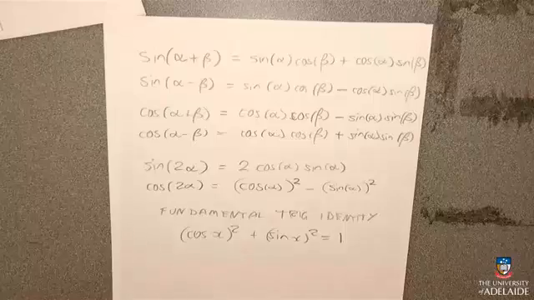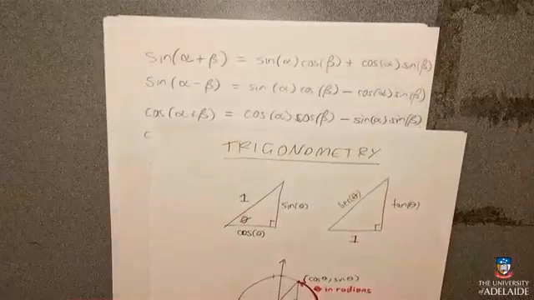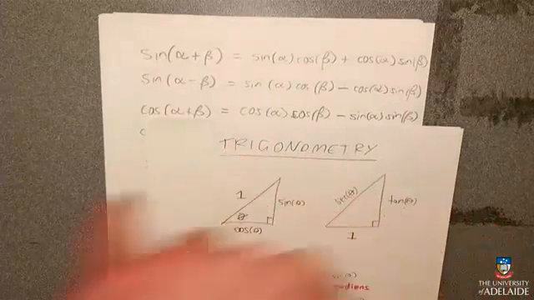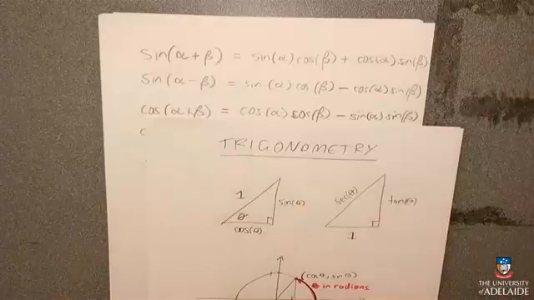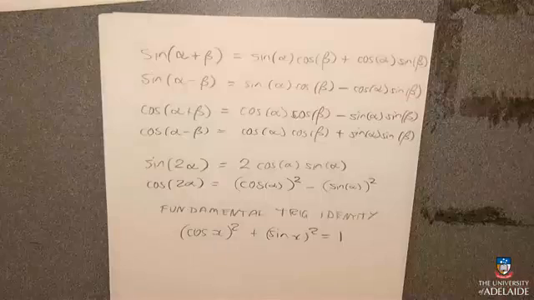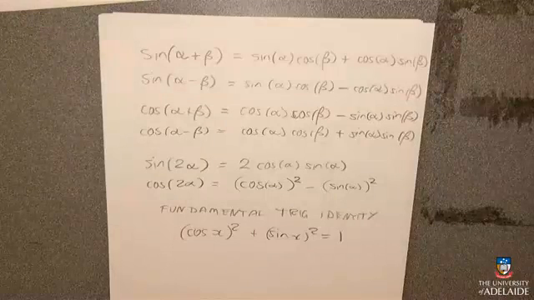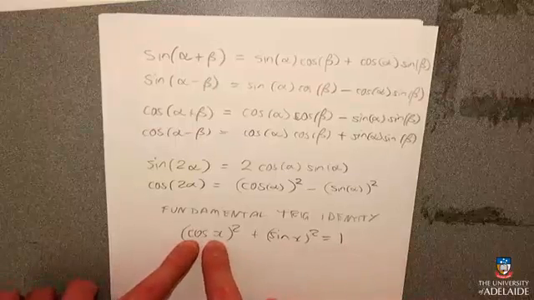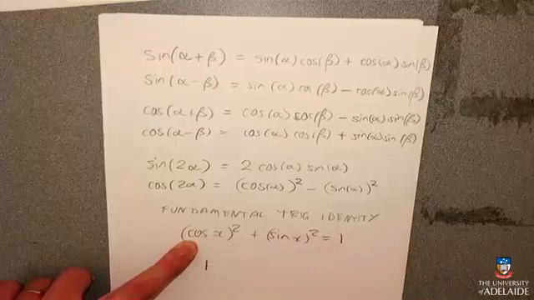And it comes all the way back to this definition. It's a right angled triangle. This squared plus this squared equals that squared. And there is one slightly less fundamental trig identity that you can get by dividing this one by cos squared. If I divide this by cos x squared, I get 1.